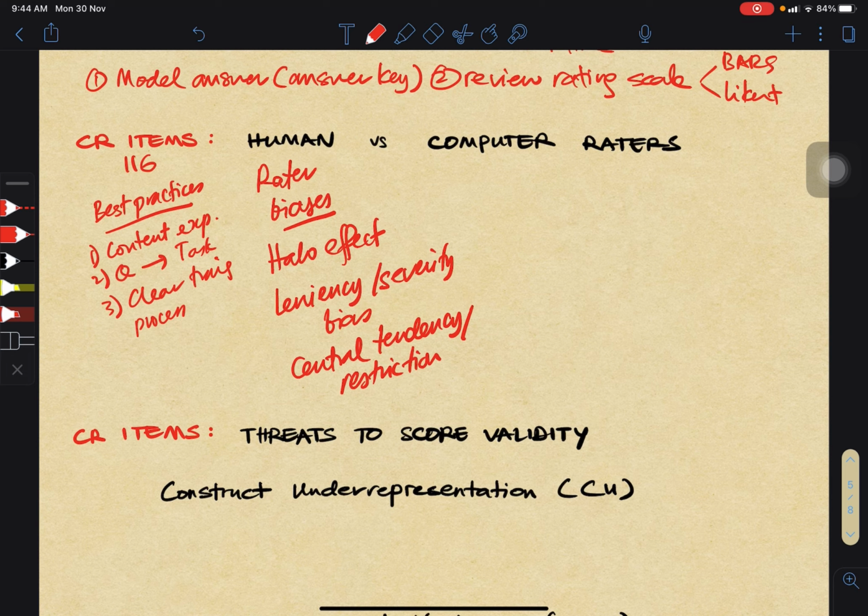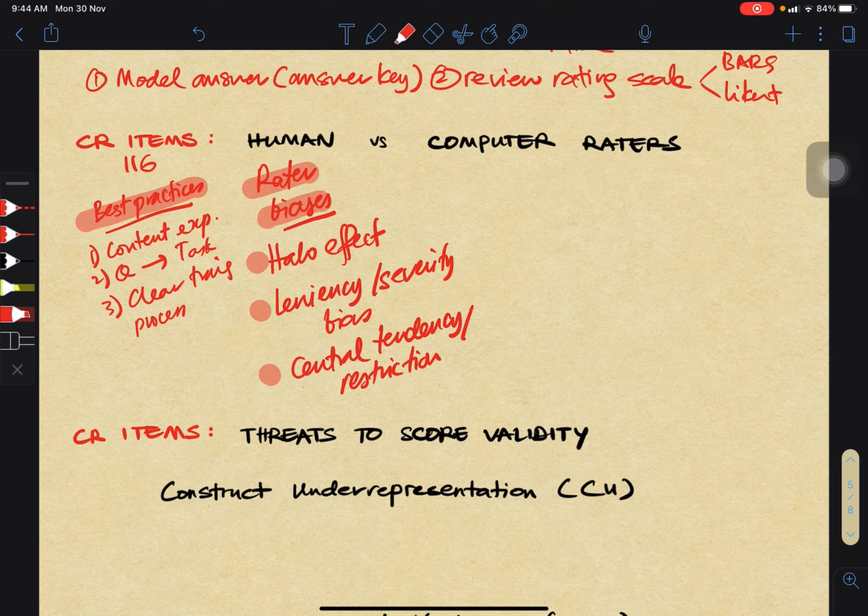So what we need to do is to remember about best practices in preparing the rater for constructed response items, and also we have to remember what the rater biases that have been documented are: the halo effect, the leniency, severity bias, the central tendency.